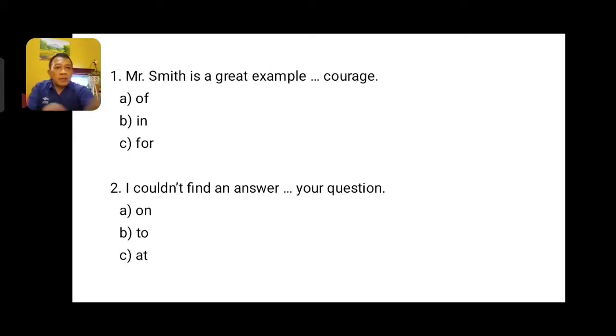To those questions. So number one, Mr. Smith is a great example. The right preposition would be of courage. And for number two, I couldn't find an answer. The right preposition is to your questions.